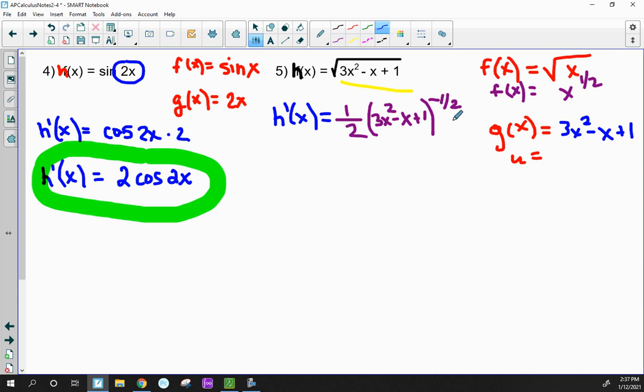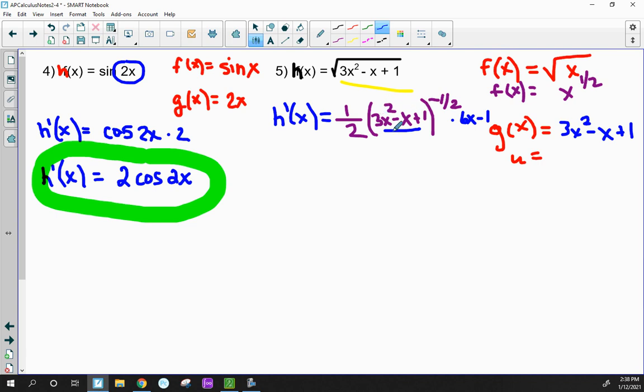Then you're supposed to, after you derive the outside, I think we're finished there. Again, notice I just copied this down. Then you're going to derive the inside rule. So now your eyes are focused on this. The derivative of 3x squared is 6x. The derivative of a negative x is just negative 1. And the derivative of 1 is 0.